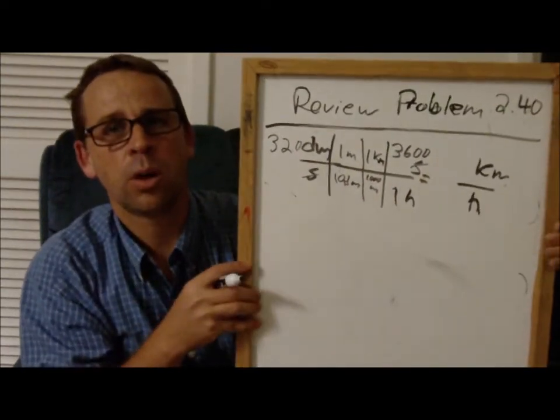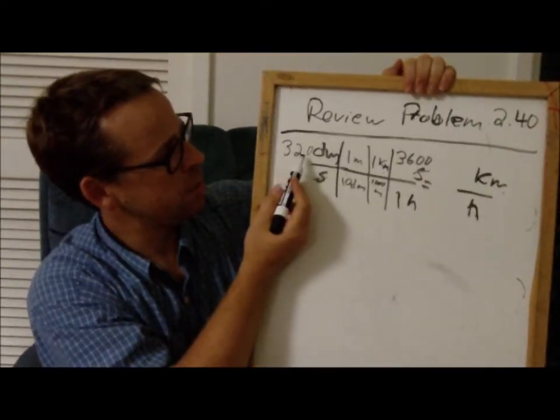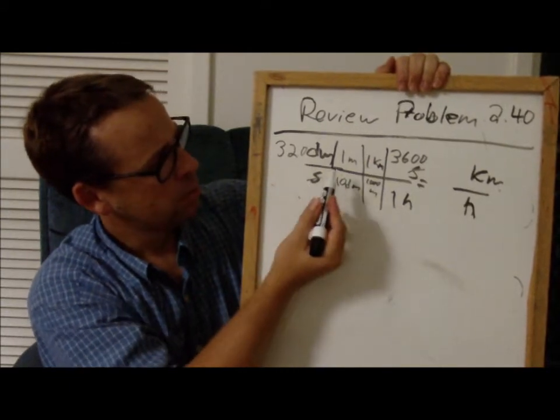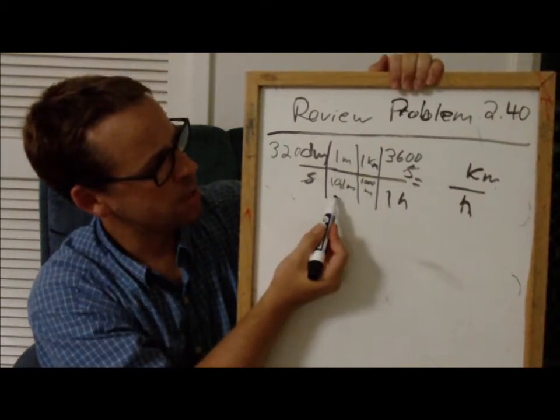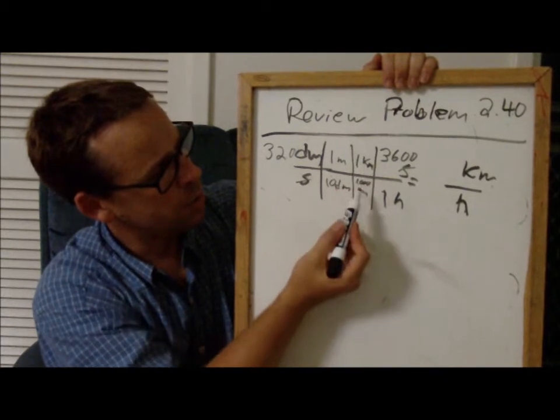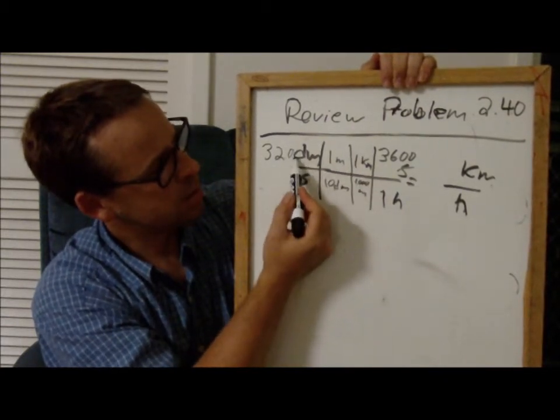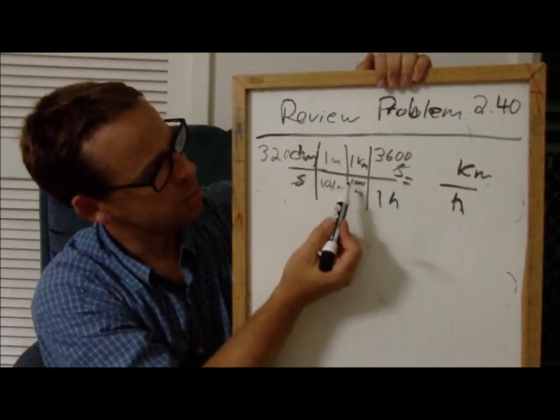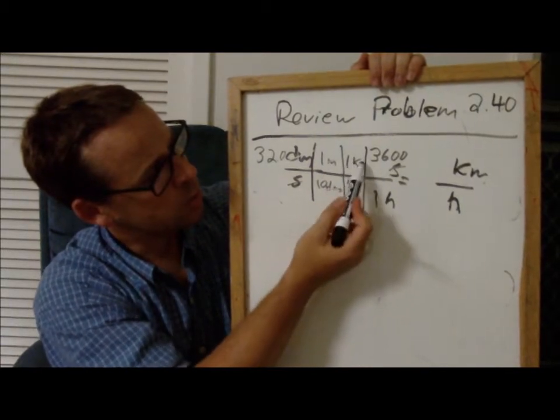So for every 1 meter, there's 10 decimeters, and for every 1 kilometer, there's 1,000 meters. This gets the decimeters to cancel out, it gets the meters to cancel out, and we're left with kilometers.